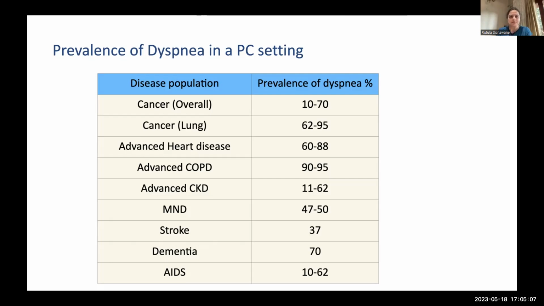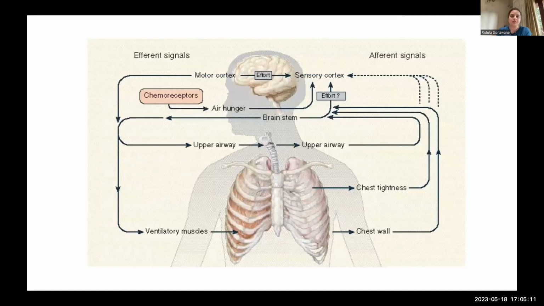Now coming to the mechanism, as you can see, the brainstem usually has the chemoreceptor, or air hunger is felt through there. So all the sensations from the upper airway, the chest wall, and the bronchus would go to the chemoreceptors. From there, they would transmit the signals to the brainstem, which would then take it to the sensory cortex.